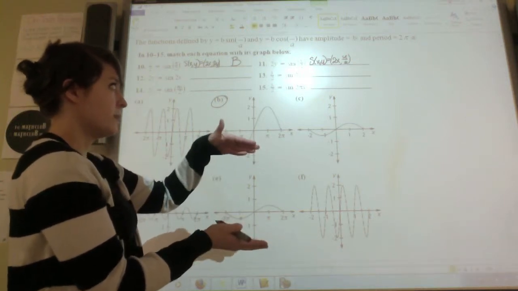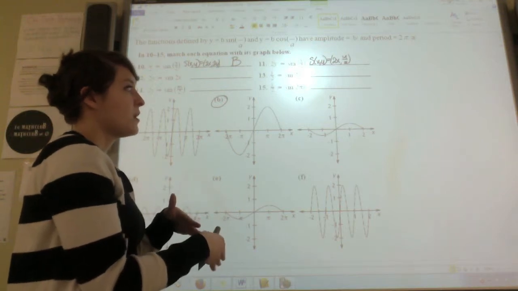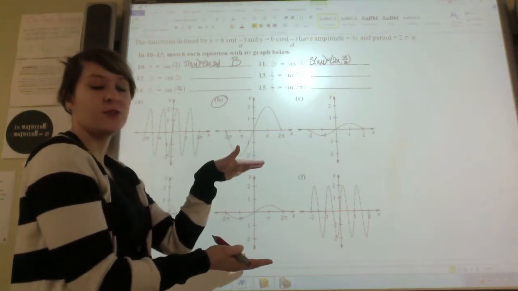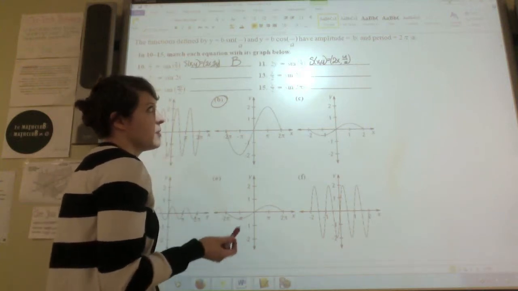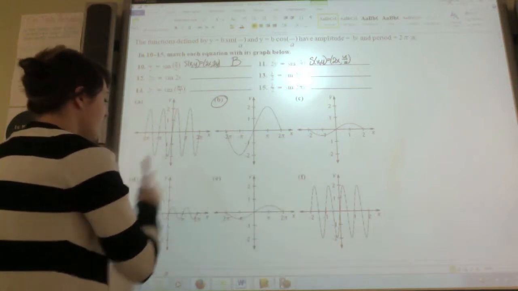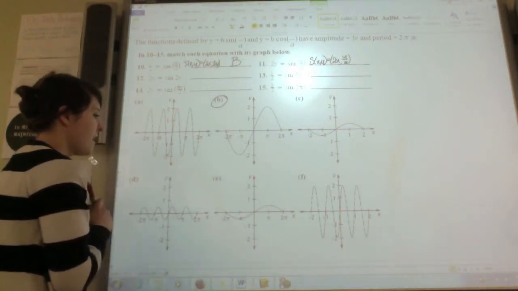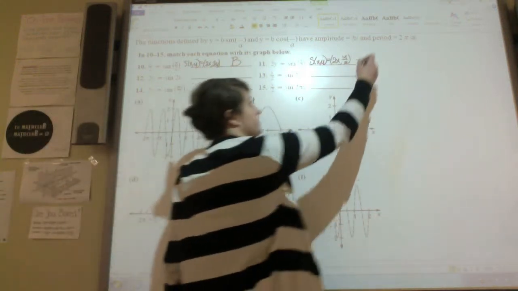If I'm shrinking that by 2, I'm going to go from negative half to positive half. Then my period is getting stretched by 2, so it's going to be 4 pi. So I'm looking for a graph going from -0.5 to 0.5 with a period of 4 pi. So that's going to be E.